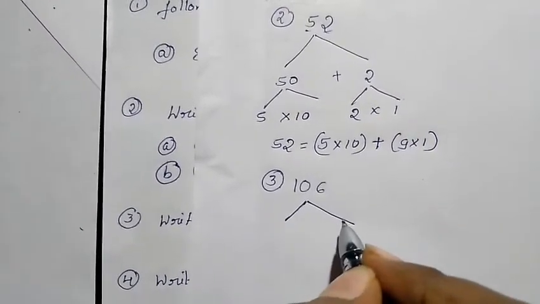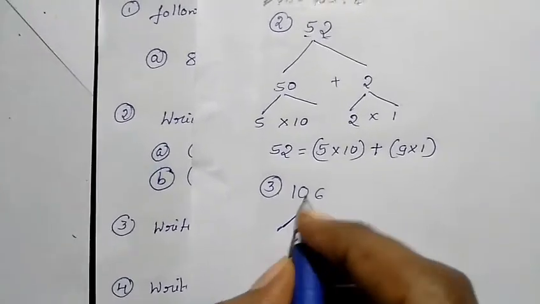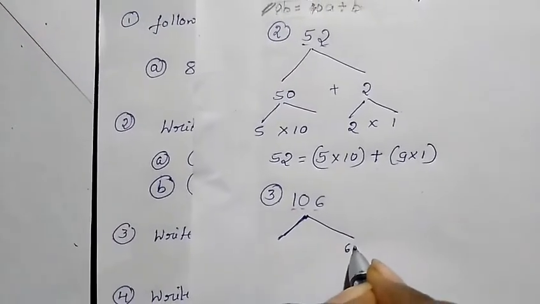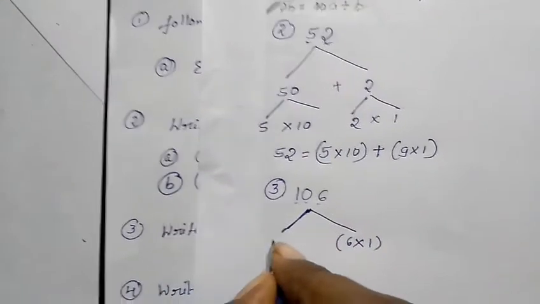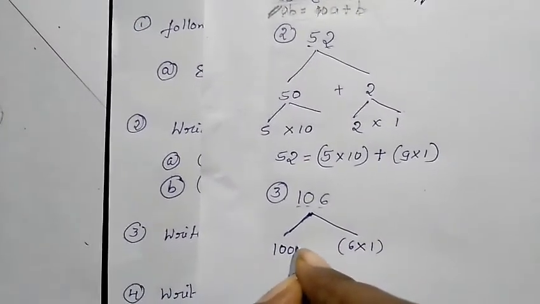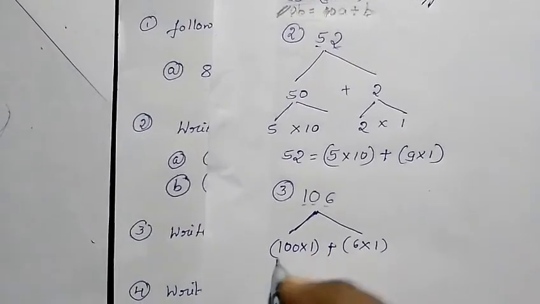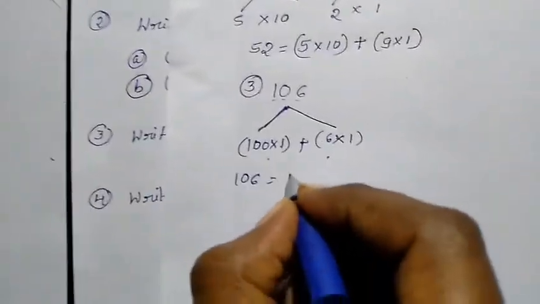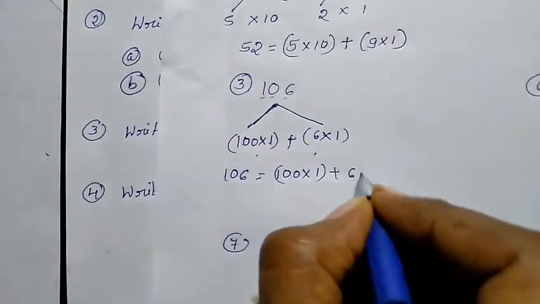So directly I will write this one in multiplied form. You know that this is a 3-digit number. So unit place 6 into 1 and 100 place 100 into 1. So now you can write 106 equal 100 into 1 is 100, 100 plus 6 is 106. So 100 into 1 plus 6 into 1.